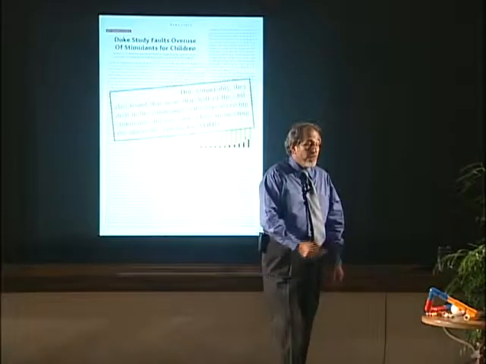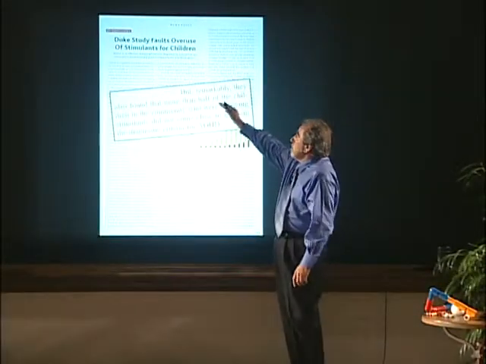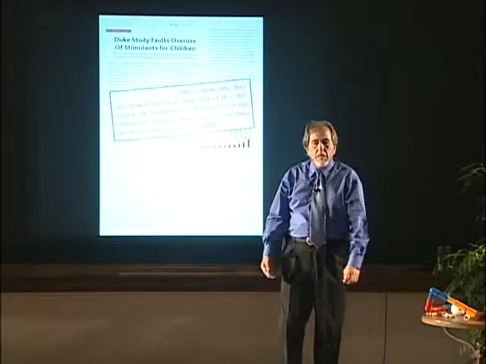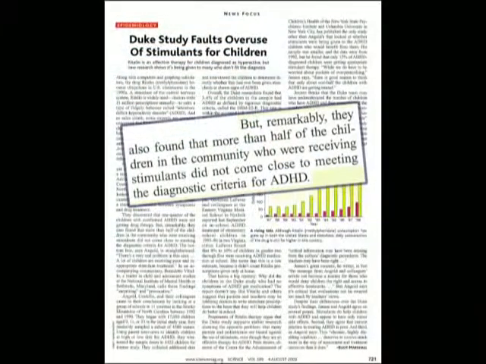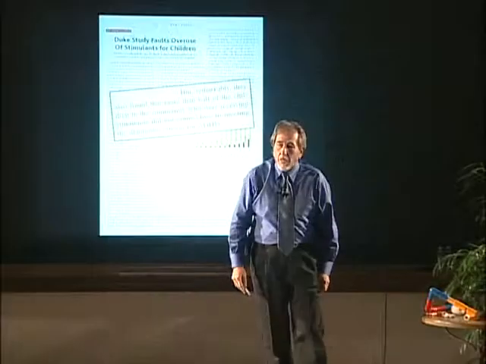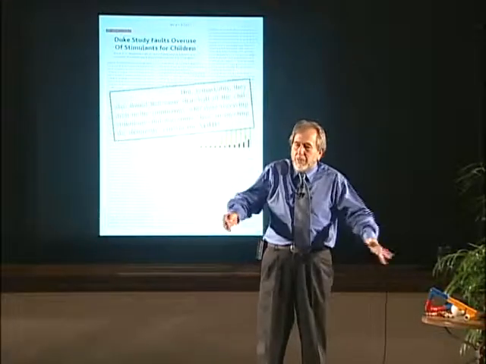Importance about this? Duke University did a study of the kids taking Ritalin. This just tears me apart. They found, remarkably, that more than half of the children in the community who were receiving stimulants did not come close to meeting the diagnostic criteria for attention deficit disorder. Reason? Parents get so bewildered that the kid isn't behaving correctly, they take him to the doctor right away and say, kid has attention deficit disorder, give it some drugs.